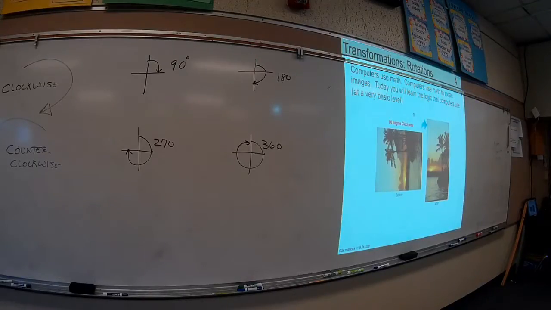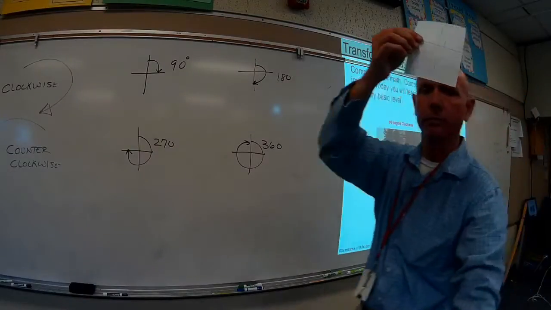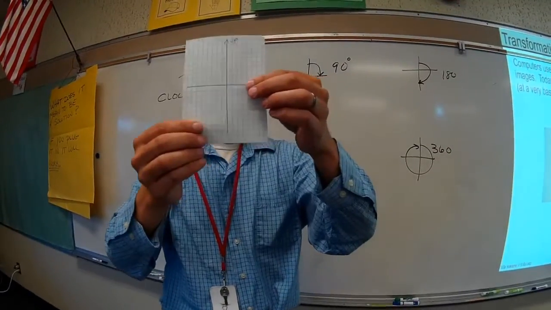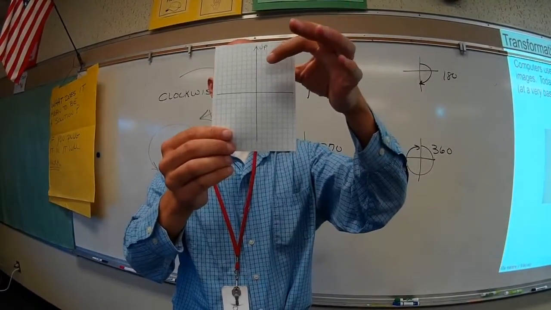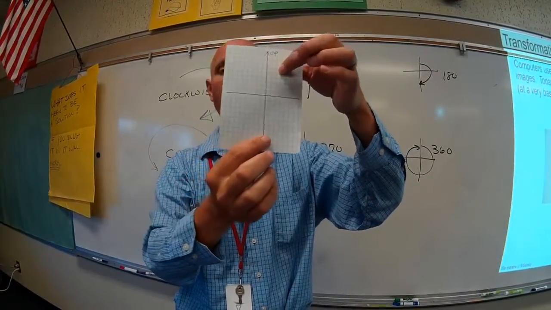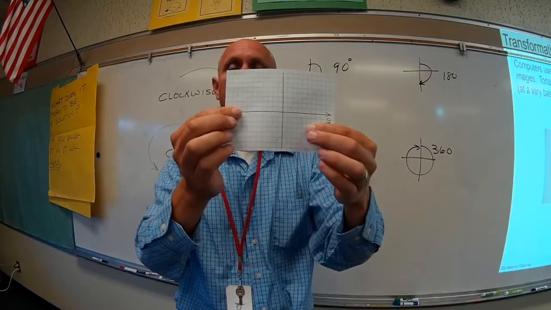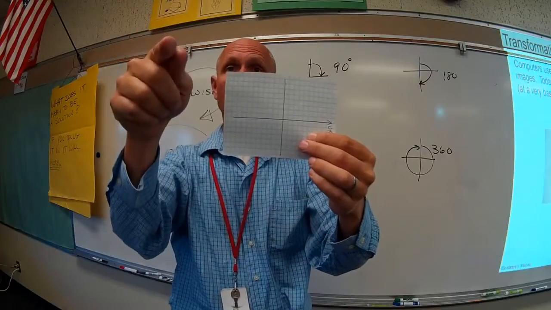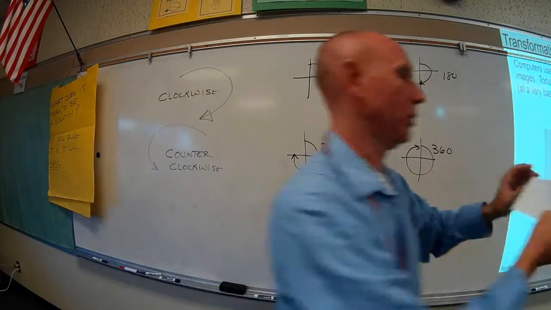All right, let's practice rotating this little piece of paper. Hold it so the up is up. We're going to start by rotating it 90 degrees clockwise. Ready? 90 degrees clockwise.